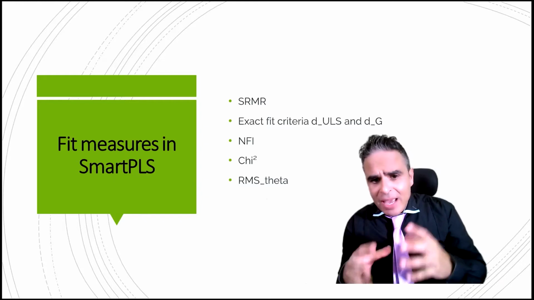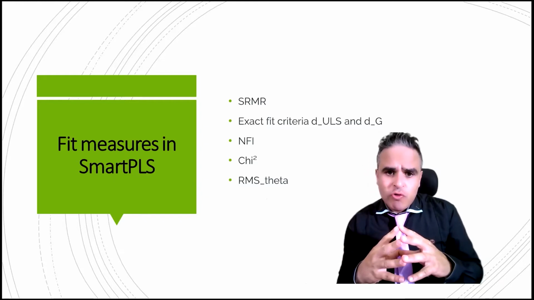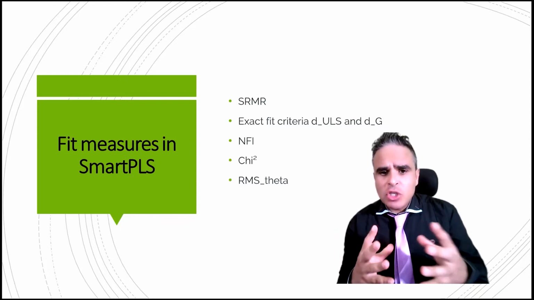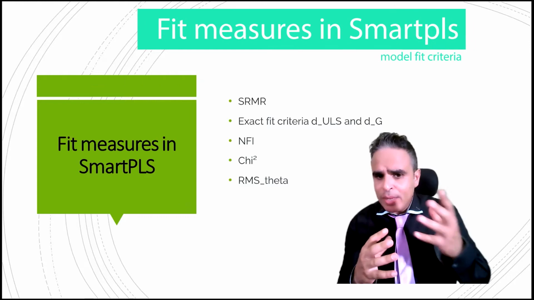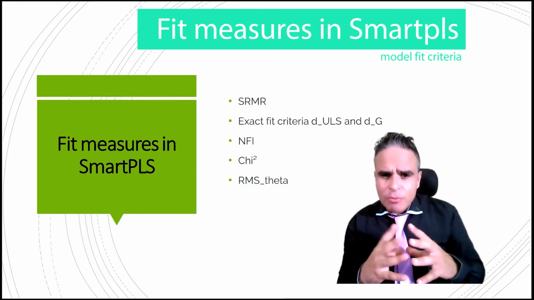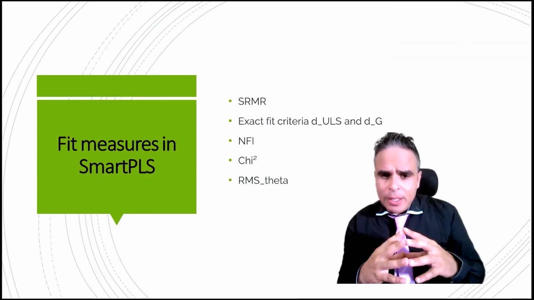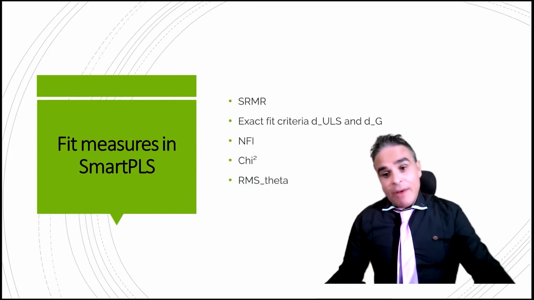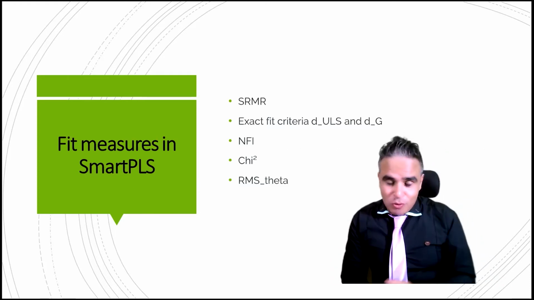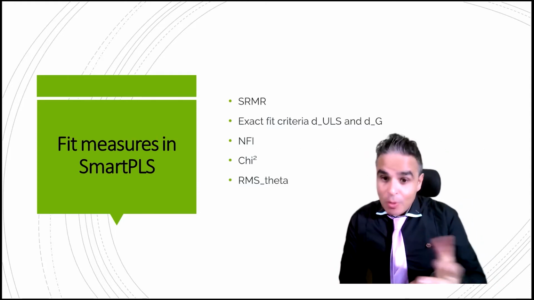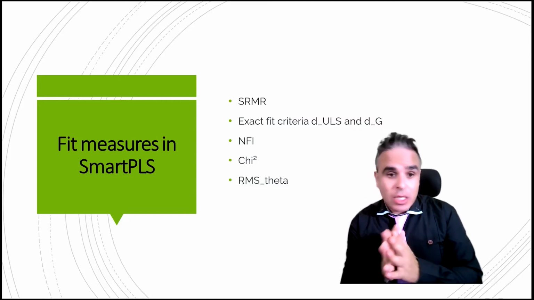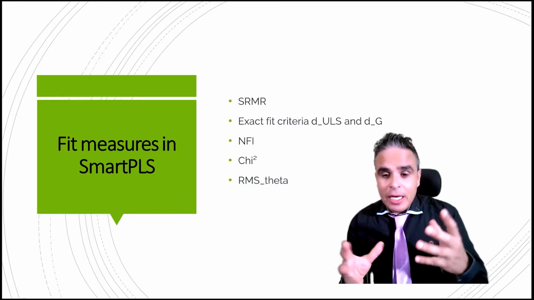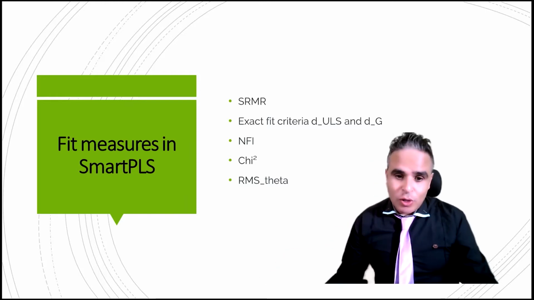You may find most useful or reportable the measures related to SRMR and maybe RMS theta. These are the most commonly reportable, maybe NFI as well. After I do the discussion here, we're going to move into SmartPLS and the model we have been using, and try to find the model fit results for the model.